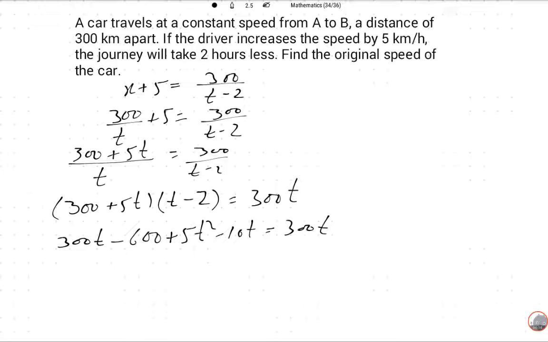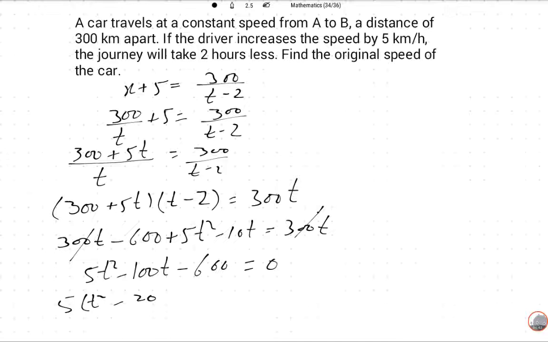When we arrange, this will cancel and the equation is 5t square minus 10t minus 600 is equal to 0. 5 is common, so t square minus 2t minus 120 is equal to 0.